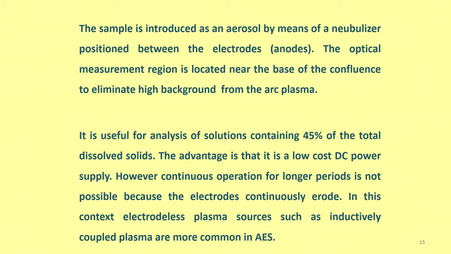Now, I also want to analyze my sample. So, the sample also must be introduced into the plasma, that also should come via a tangential flow, correct. So, the sample is introduced as an aerosol. I can't introduce a solid sample flowing through. I need a liquid, and that liquid should be in the form of very fine droplets like an aerosol. You know what is an aerosol?